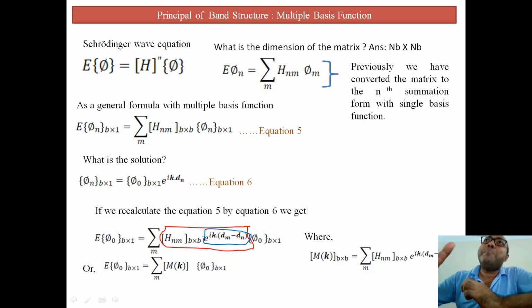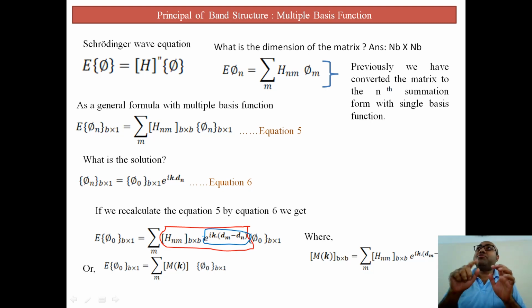So how many maximum basis functions for SPDF? Even 5, so I just make it double, so 10. So 10 by 10 is 100 matrix components. It's easy to solve. I'm not asking you to solve a million by million matrix, or 10 to the 22 by 10 to the 22. Suppose for silicon, the number of atoms is 10 to the 22 per centimeter cube, and if you have 4 such basis functions, you understand the matrix dimension.